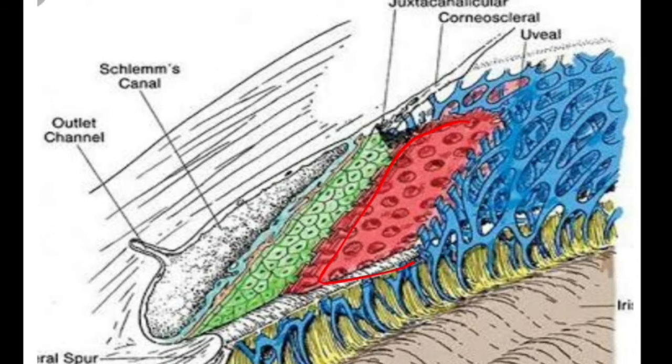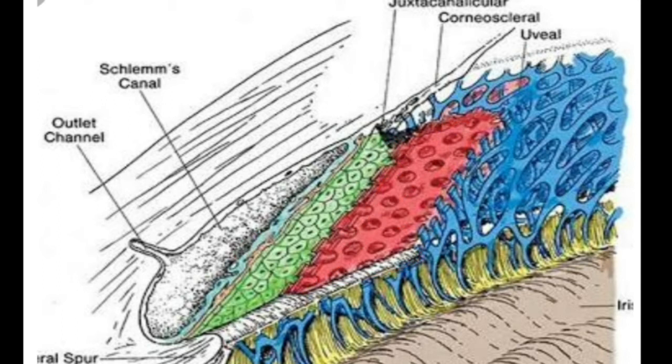The second one, which is shown in the red color, is the corneoscleral part, which is attaching from the scleral spur and opposing and getting attached to the anterior wall of the scleral sulcus, okay. So this is the attachment of your corneoscleral meshwork. This is in direct opposition to your Schlemm's canal, so it plays a major role in the drainage of the aqueous humor.